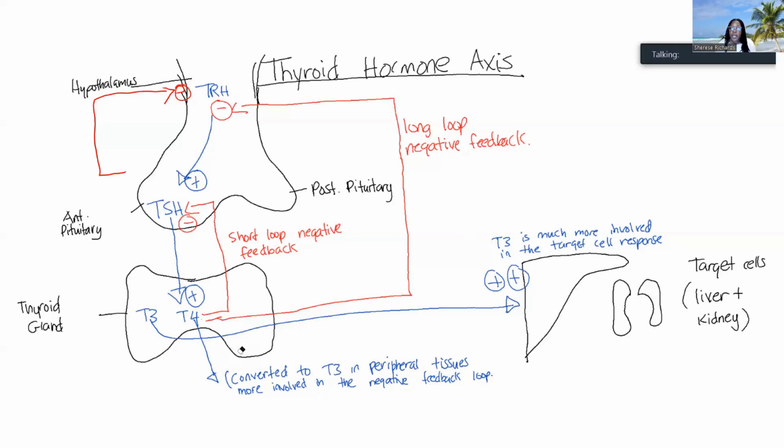However, T4 is also more involved in the feedback loops. So for this same exact reason, if, for example, we have too much T4 building up, that will go back and signal to either pituitary or hypothalamus to decrease TRH or TSH secretion. And so T4 is going to be more involved in the negative feedback loops. All right.